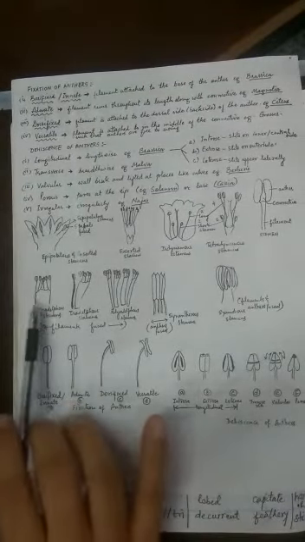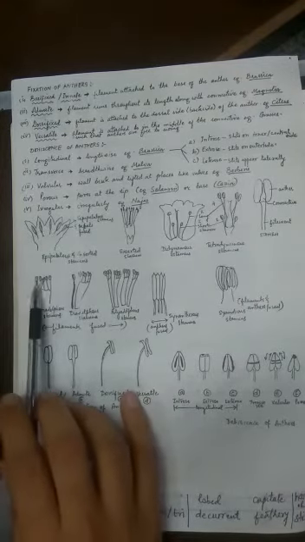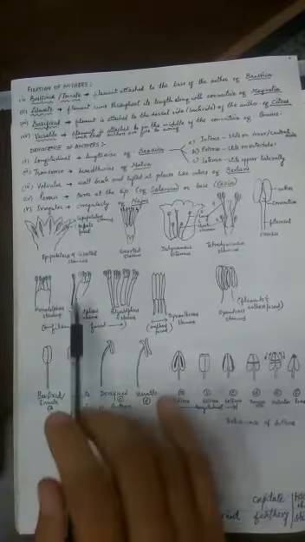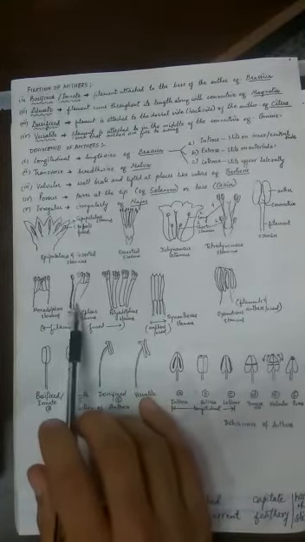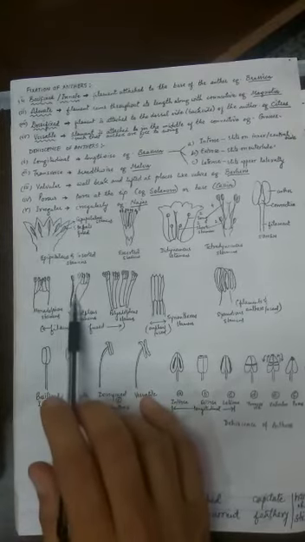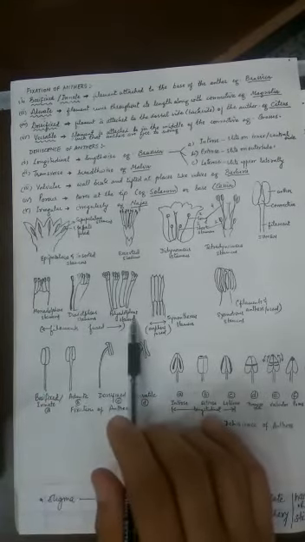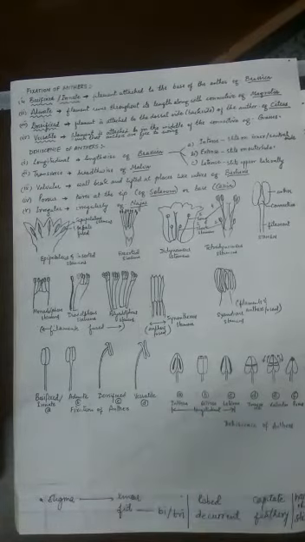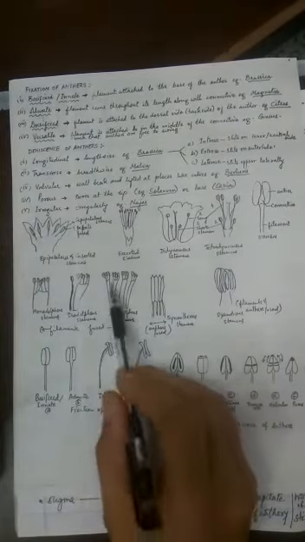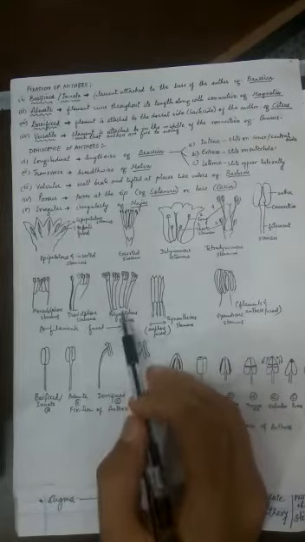This is monadelphous because you can see a major part of the filament is fused and then anthers are free. Now in the case of Fabaceae family, you will find 9 stamens fused to become one bundle and one stamen is free, so 9 plus 1 arrangement. This is polyadelphous, found in Rutaceae family, where a number of bundles are there but anthers will remain free, so only filaments are fused.